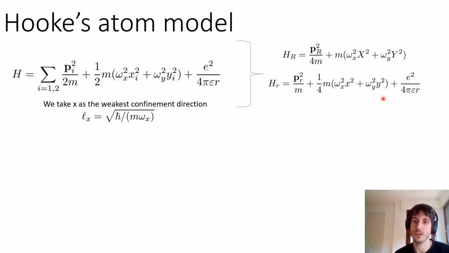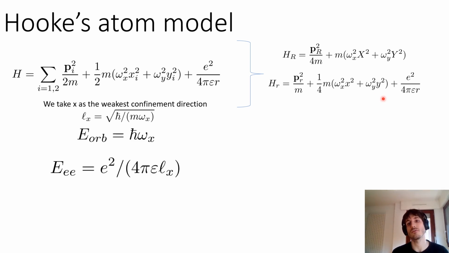And before that, it's useful to define a few quantities. So here you have the characteristic energy scales of our problem. First of all, we have the orbital confinement associated to the harmonic confinement. And we also have the Coulomb repulsion at the characteristic length of our problem.